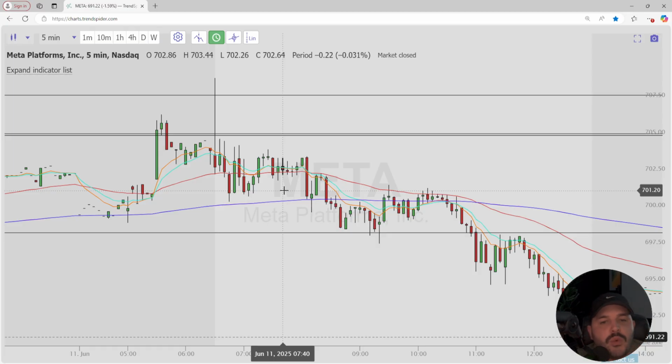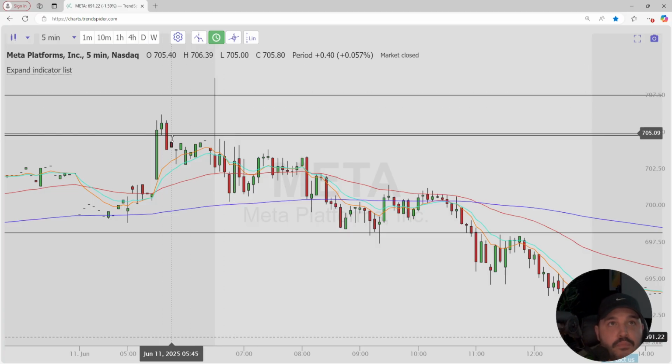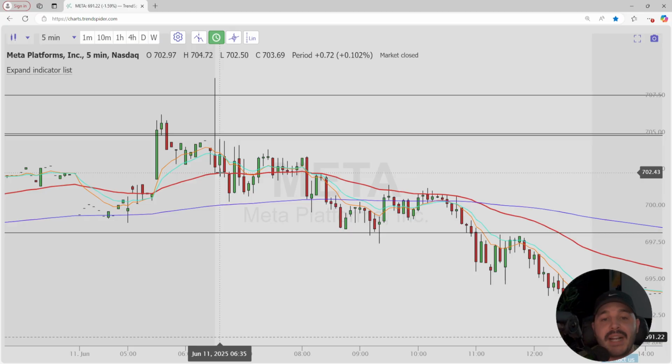EMA strategies work only when we are getting a solid trend. So in this instance, we are using price action, which is a big wick to the upside, showing us sellers are heavily present within our daily massive supply. Huge 7-point move back down to the downside and a fail of our 705 level.